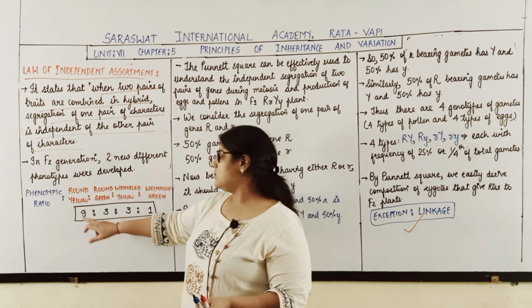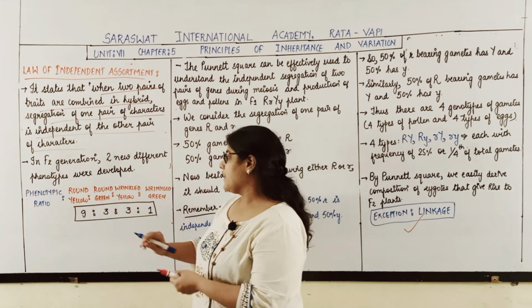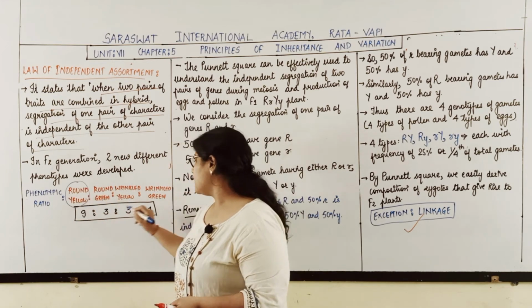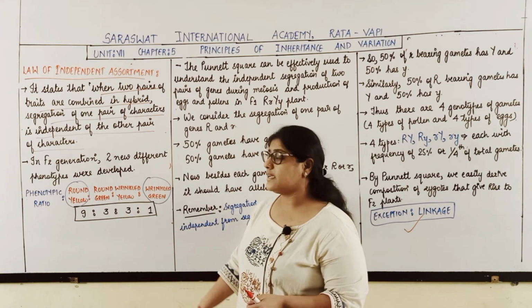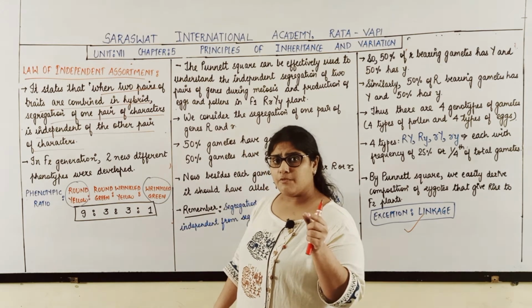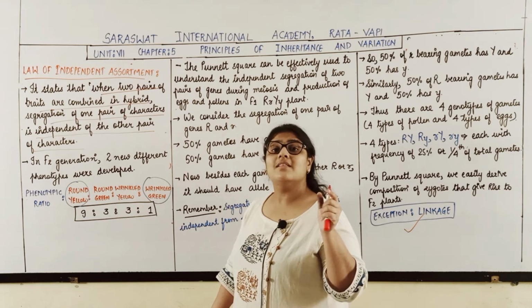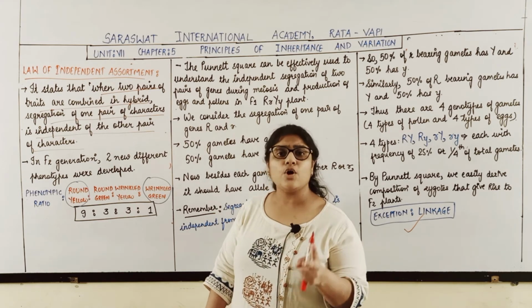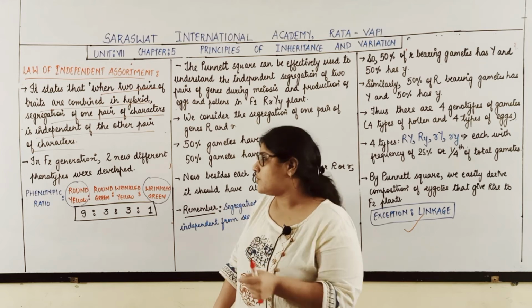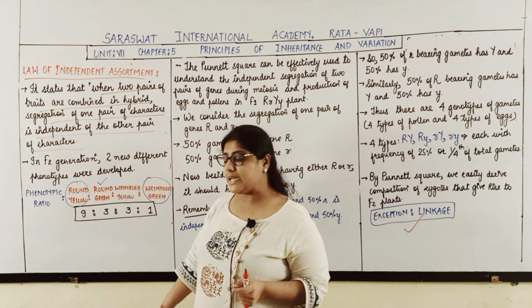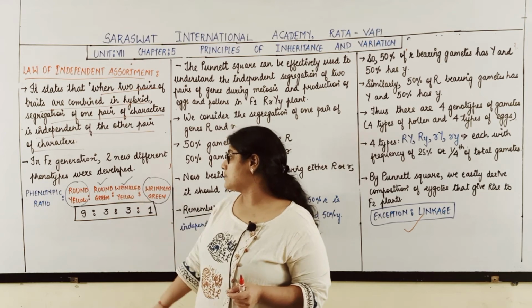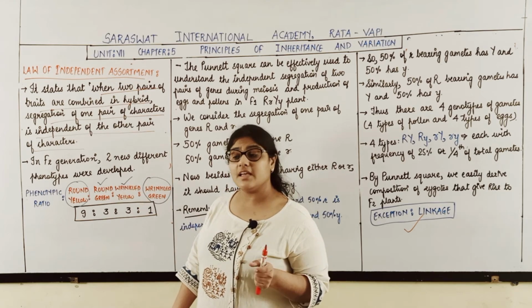These two were the parental phenotypes. But when he performed the dihybrid experiment, he obtained two new phenotypes. Which were the two new phenotypes? Round and green, and wrinkled and yellow.